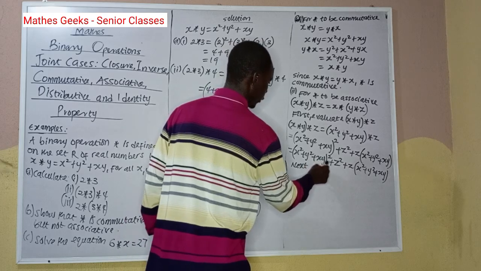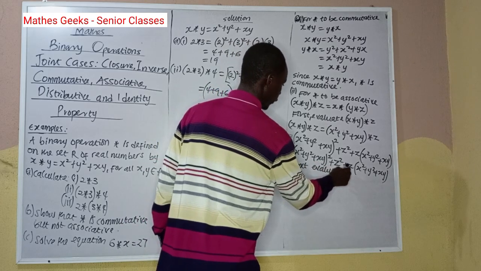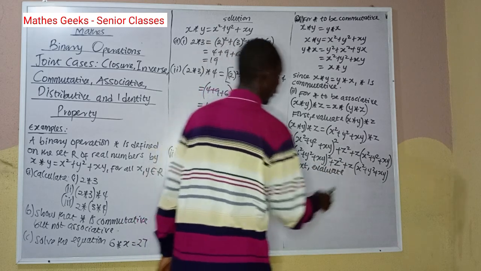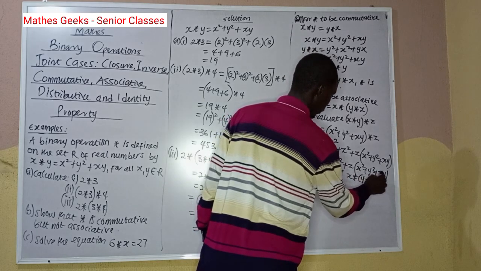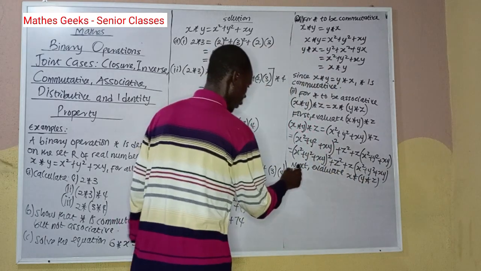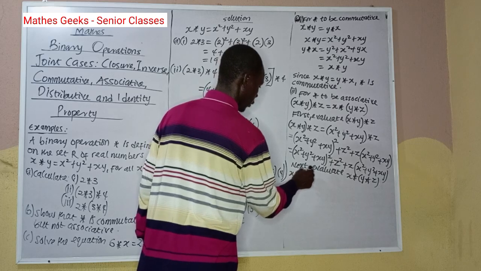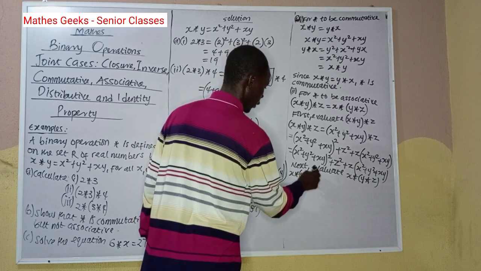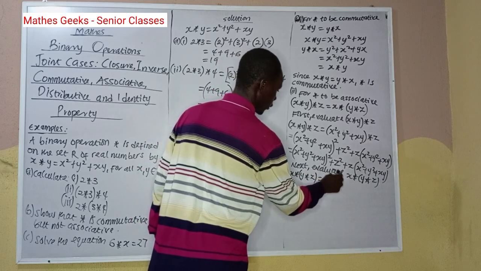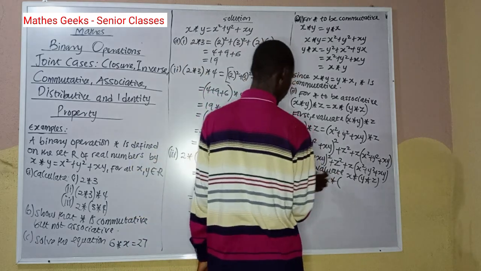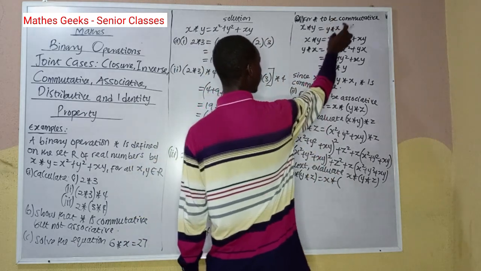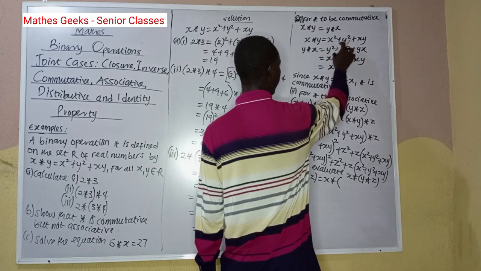Next, evaluate x star (y star z). So x star (y star z) is equal to x star, where y star z will take the place of this expression. So here will be y and this will be z.